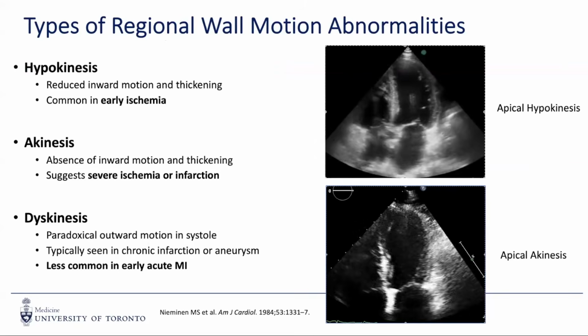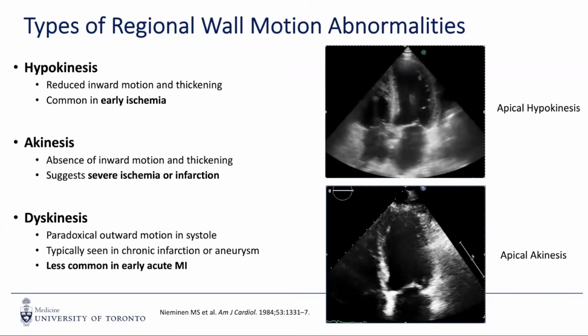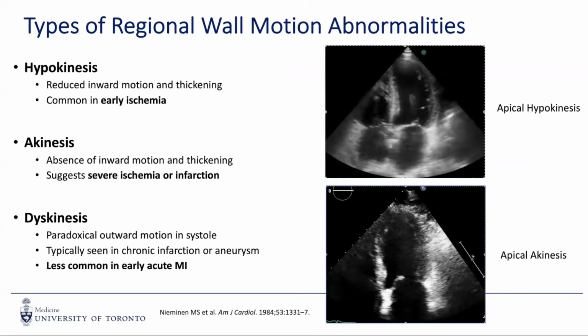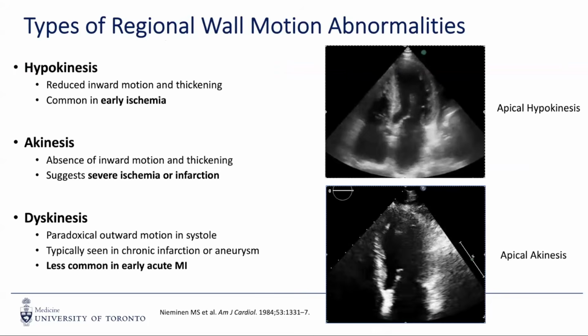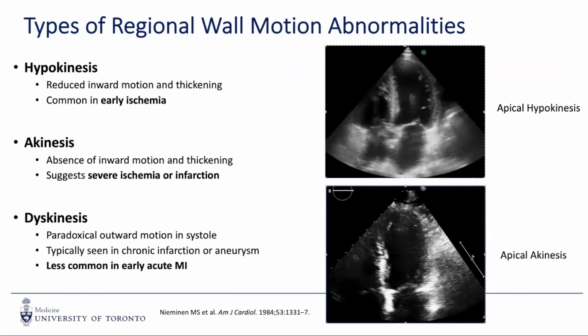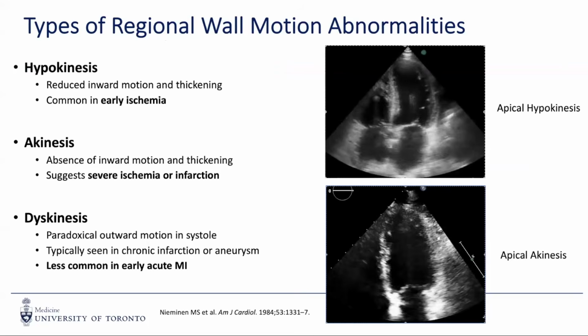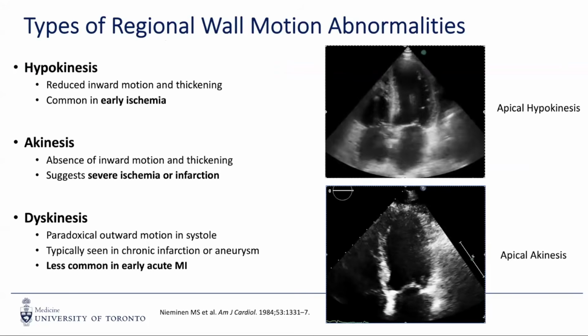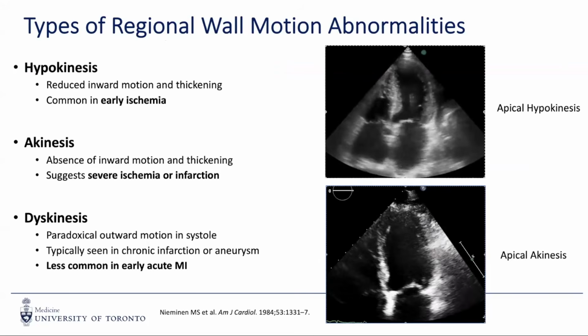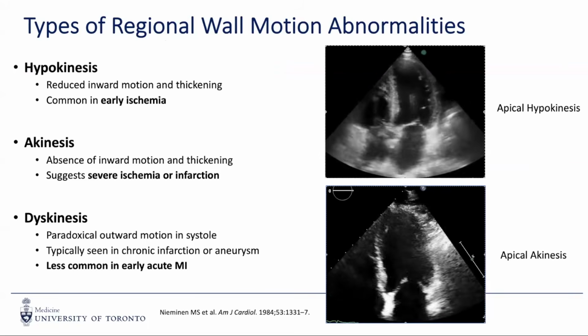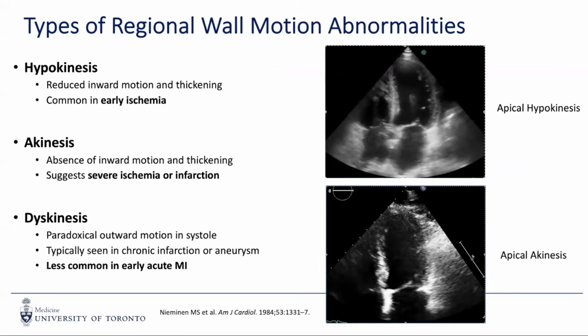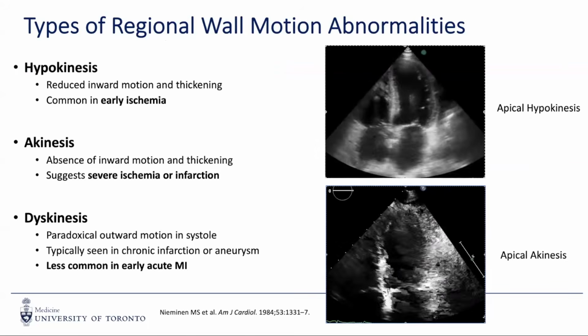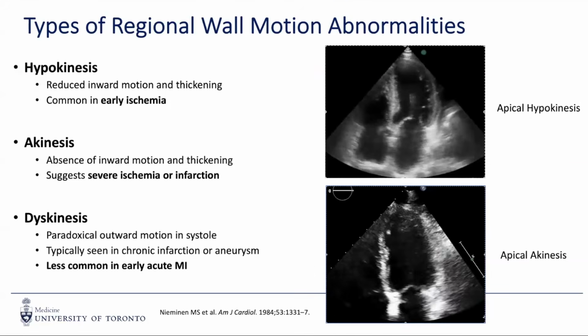Talking about how wall motion abnormalities can present, they can often present either as hypokinesis or akinesis, and you can see here how they can appear on echo. Hypokinesis is usually defined as reduced motion and thickening, and akinesis is usually defined as absence of motion or thickening. With ischemia, you can often have early on hypokinesis, and then you can move on and see akinesis.